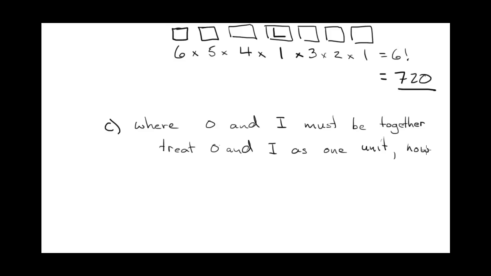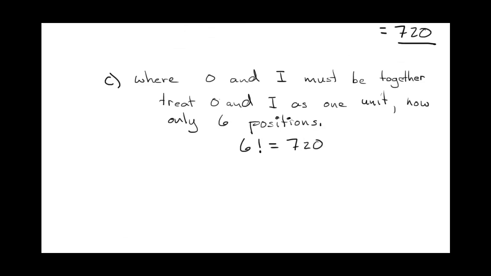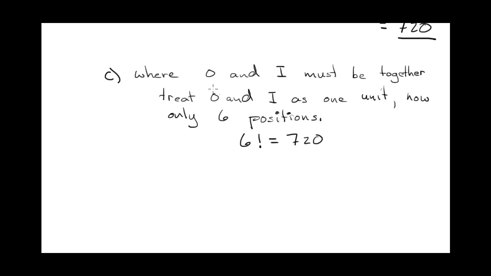Now only 6 positions. So before there was 7 positions, but since the O and the I are one unit, we only have 6 positions. So that would be 6 factorial, and again 720. And you might notice that's not quite the answer, because this is where I was treating the O and the I as one unit, but O and I had to be in this order.